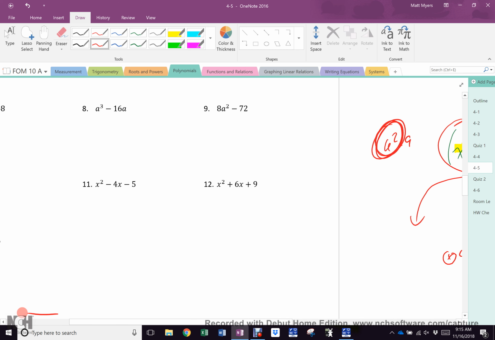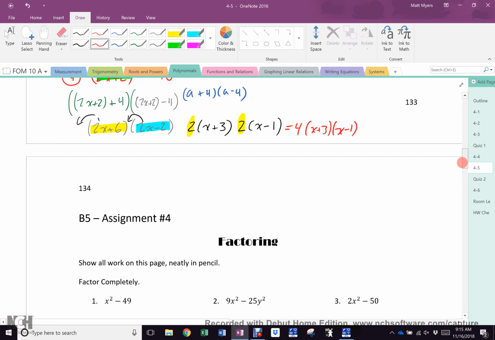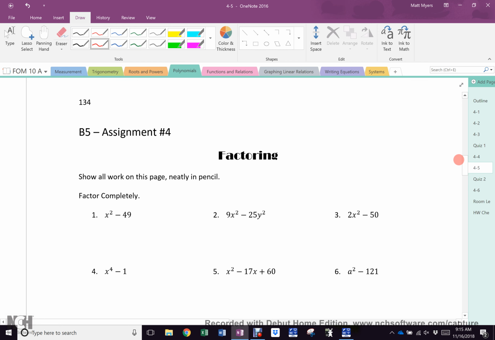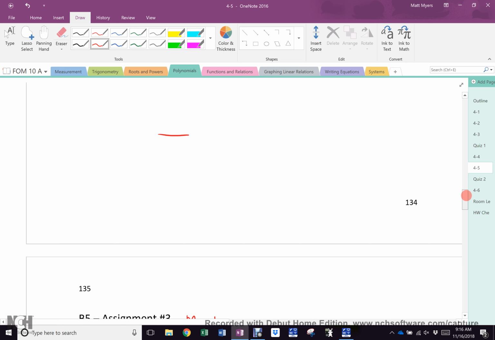Go with page 134. 134 is practice. 135 is 4 marks, because 135 has everything we've done on it.